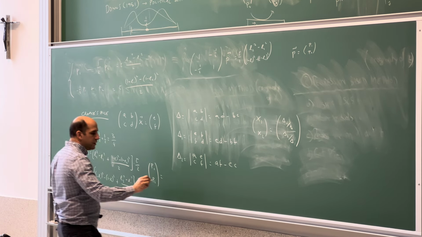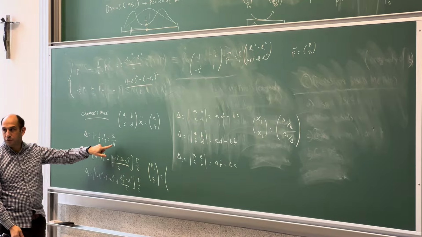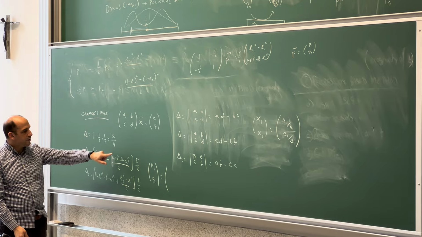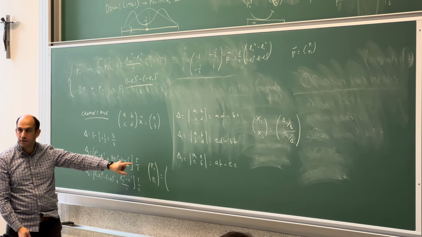So it is going to be equal to this over 3/4, so tau over 2 divided by 3/4 is like 2/3 times tau.